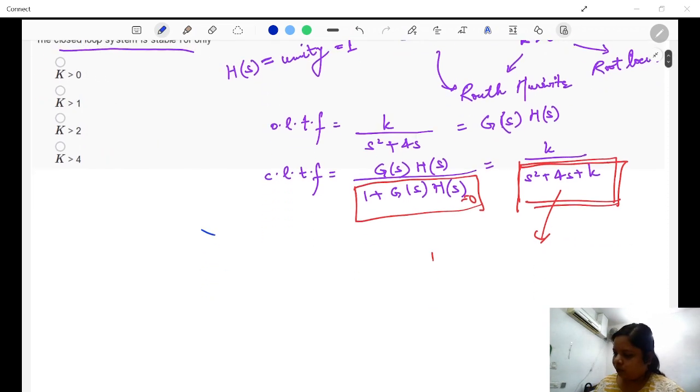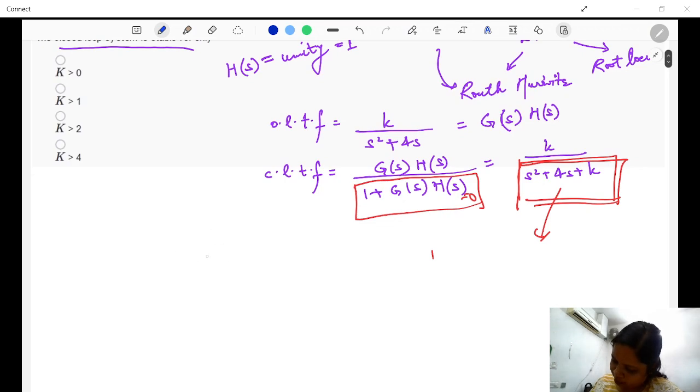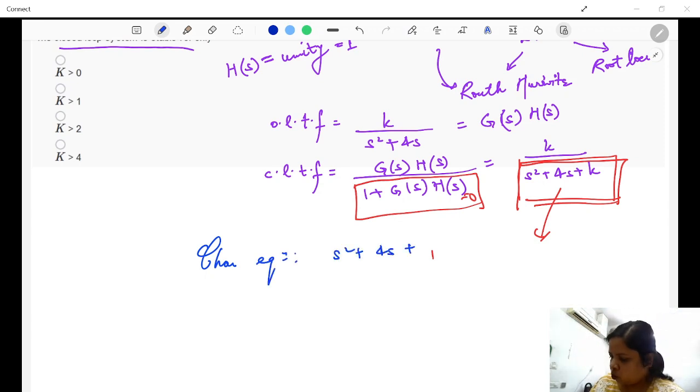Now from here you can see the characteristic equation to be s square plus 4s plus k. What is a Hurwitz polynomial? How do we say that this is a Hurwitz polynomial?